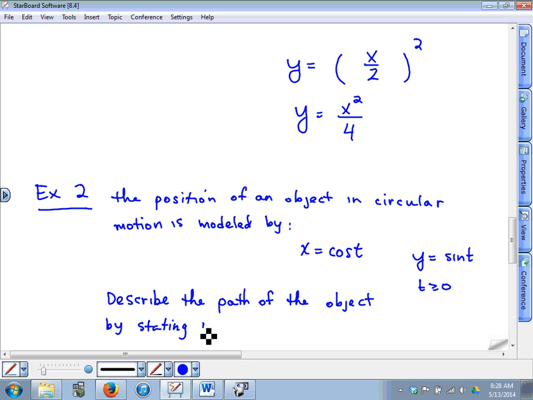So by stating the radius, the position at t equals 0, so where does the object start when t equals 0?